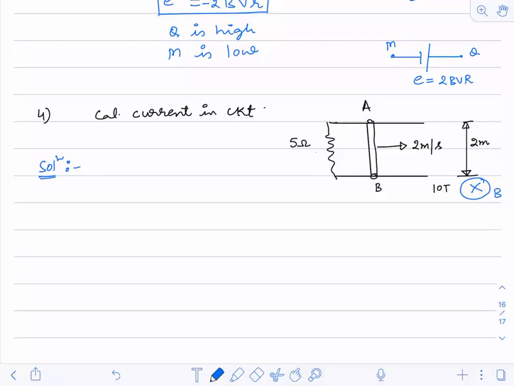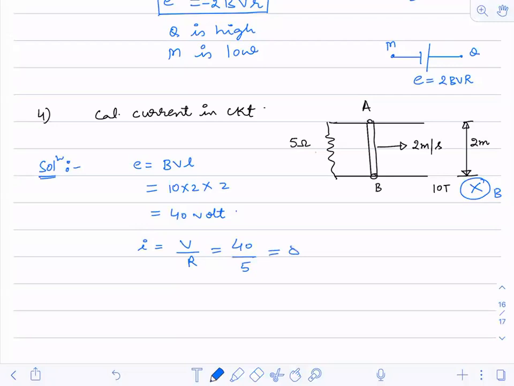So first we'll find out the induced EMF. Induced EMF is BVL. B value is 10, velocity is 2, and L is also 2. So this becomes 40 volt. Now, current in the circuit: V equals IR, so current is V by R. V value is 40, R is 5.